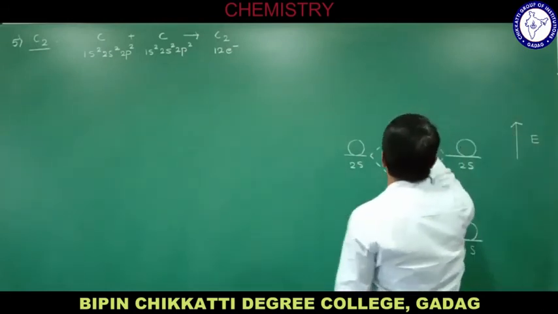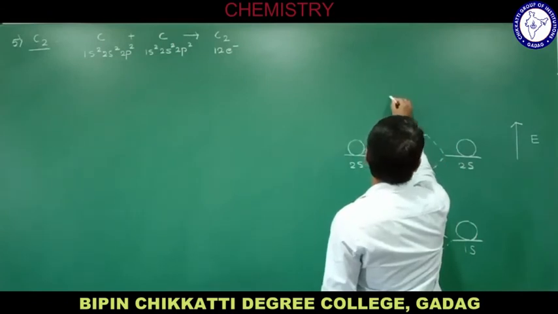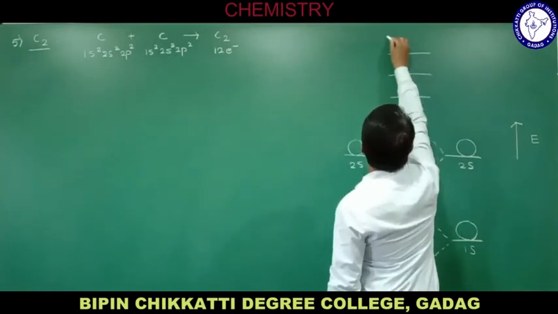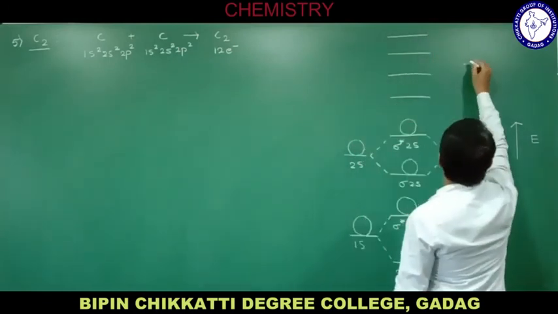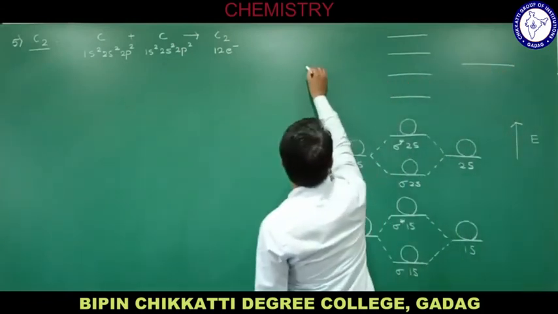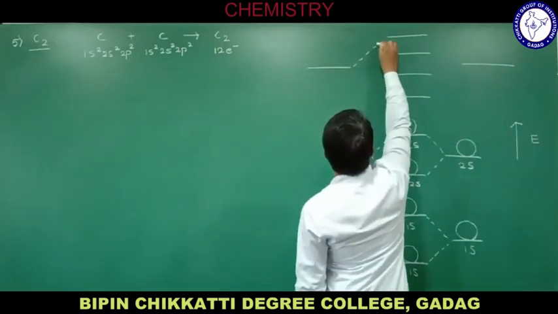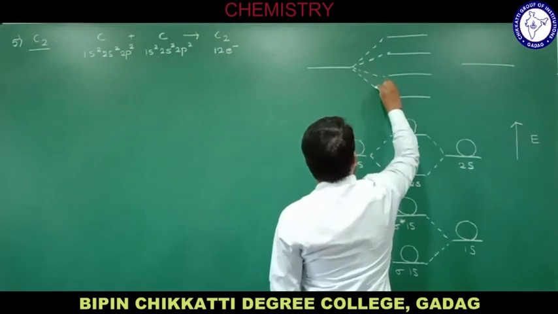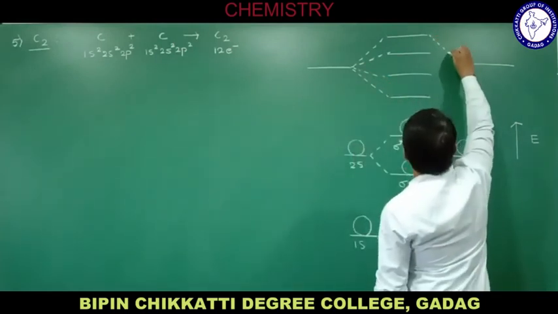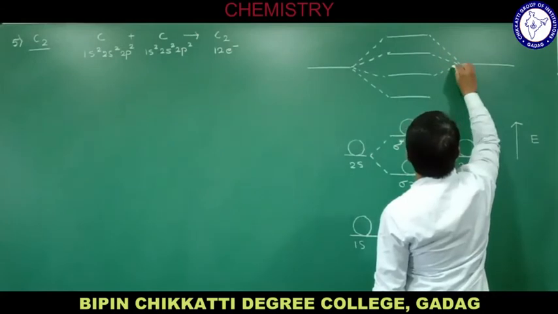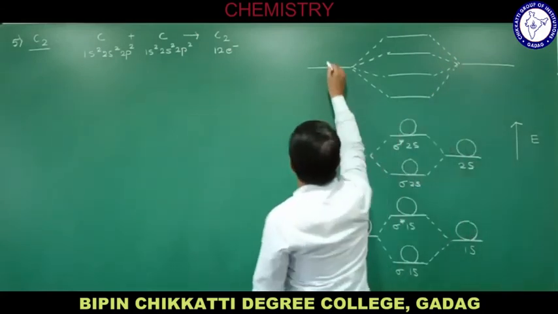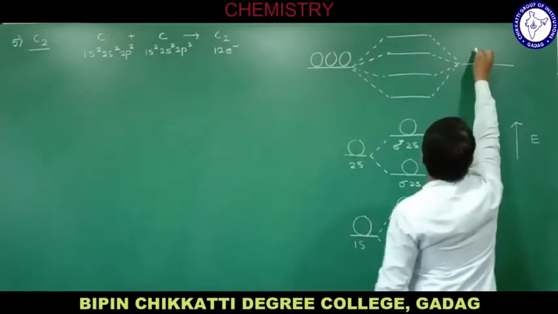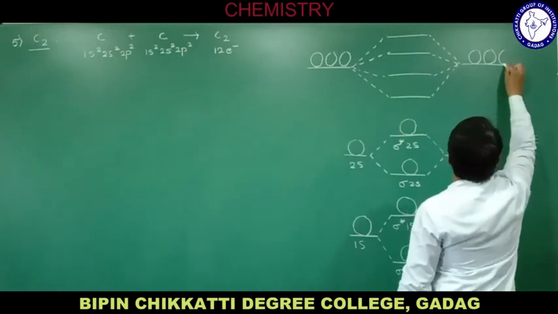So higher energy level I need to consider, and now here I am going to draw the structure of P. So for P we have 3 atomic orbitals, Px, Py, Pz, and for one more carbon we have 3 atomic orbitals, Px, Py, Pz.